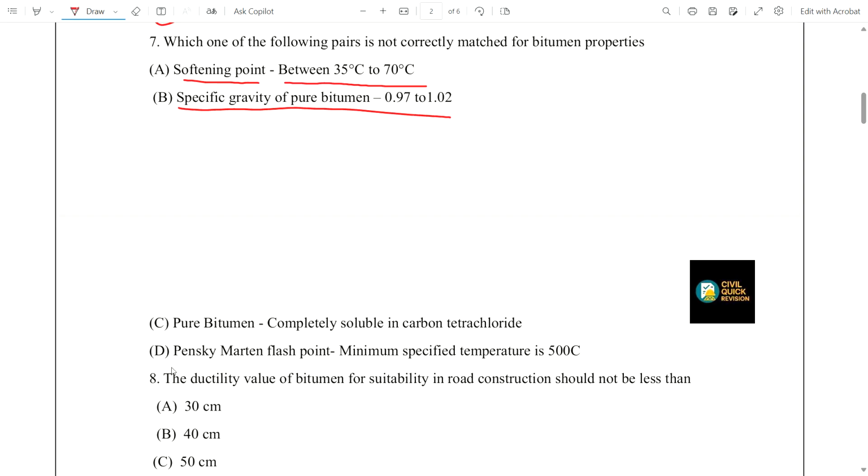Now coming to Pensky-Martens flash point, where the minimum specified temperature is 500 degrees centigrade. But the answer is not correct, because here 500 degrees centigrade would be the fire point. For flash point, it is in the range of about 175 degrees centigrade. You can see the range. In this question, D is the correct answer.